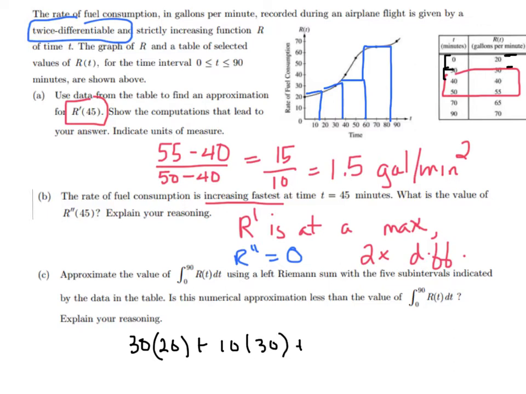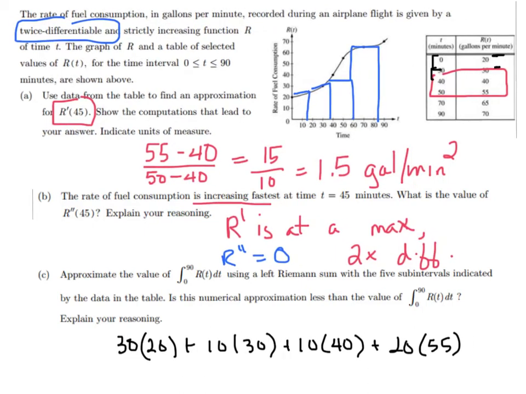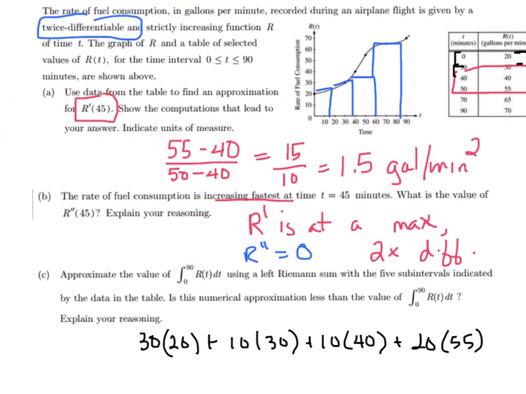Next one will also have a width of 10 and a height of 40. Then we'll have a width of 20 and a height of 55. And finally, we'll have a width of 20 and a height of 65. So kind of going up there.